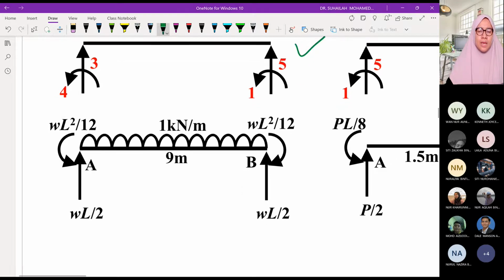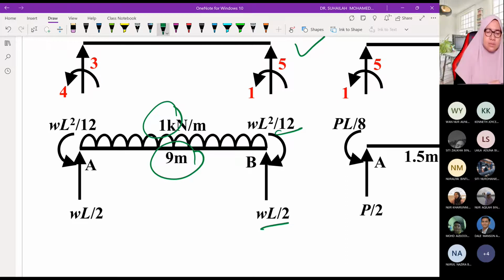Step number 2. Okay, this is the formula to calculate fixed end reaction. W is 1, length is 9. But maybe you don't have to write the formula. You just need to write the answer directly.